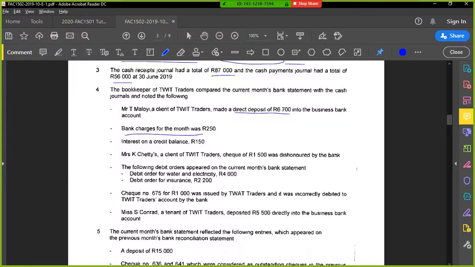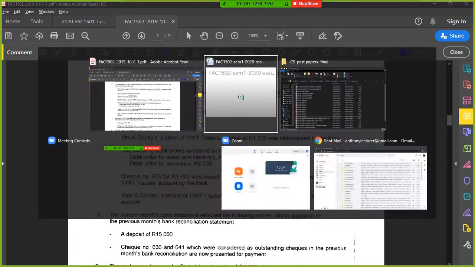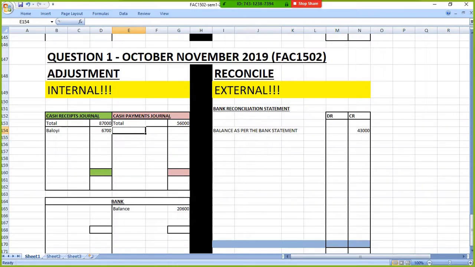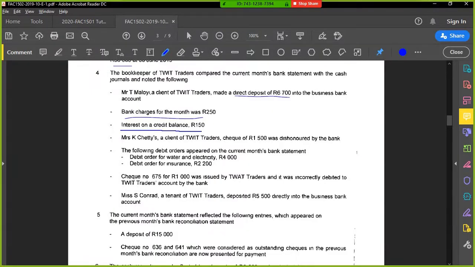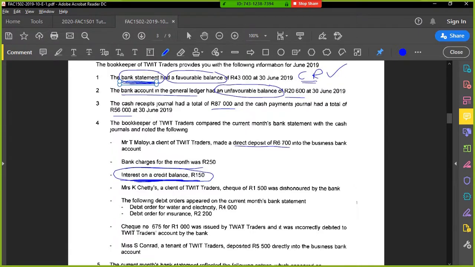Okay, bank charges. Where are you going to put it? It's going to go in our records. Good. 250. Cash payments, right? Yeah. Interest, where are you going to put it? In our records. Which side? It's interest on a credit balance, so it's in the cash payments journal. Why cash payments?